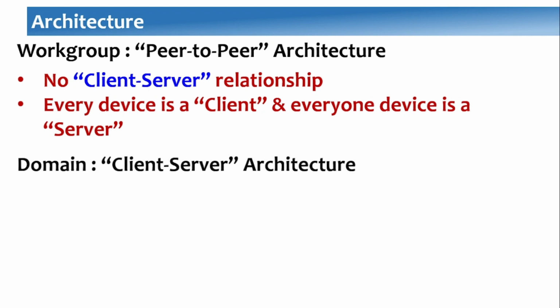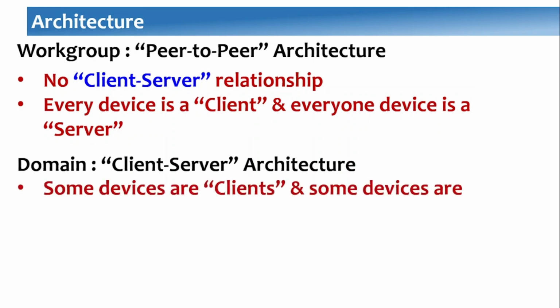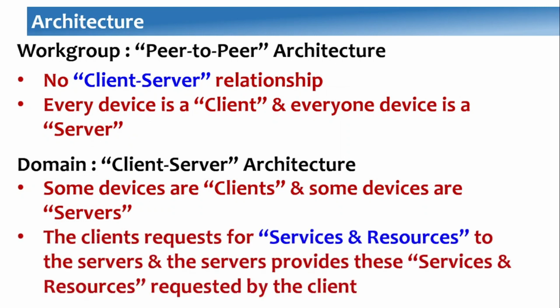Whereas the domain environment is always a client-server architecture. Some devices are clients and some devices are servers. The clients request services and resources from the servers, and the servers provide the services and resources requested by the clients. So this is a client-server model, and that is a peer-to-peer model.